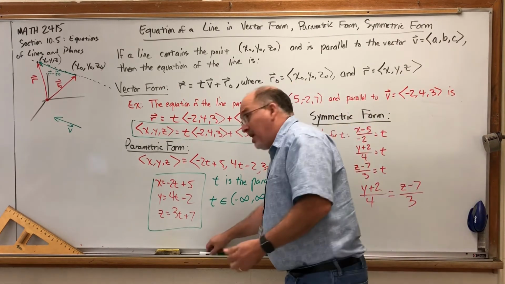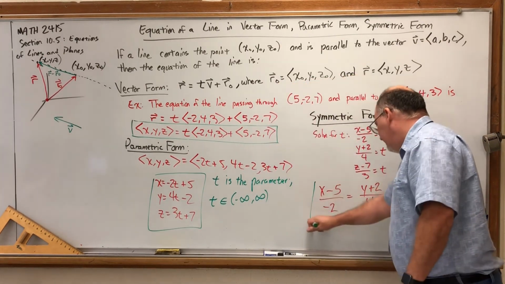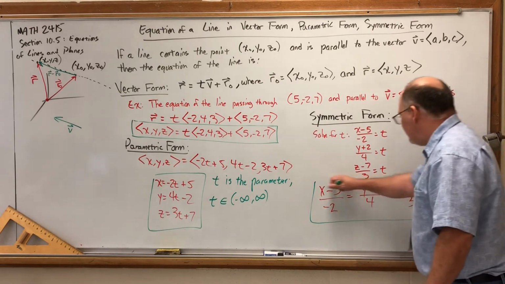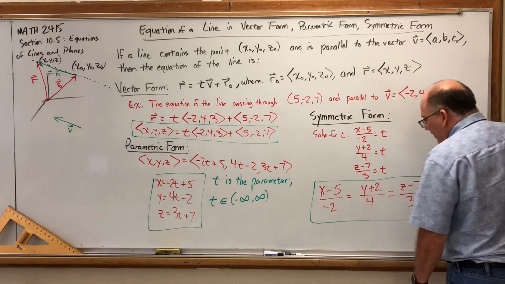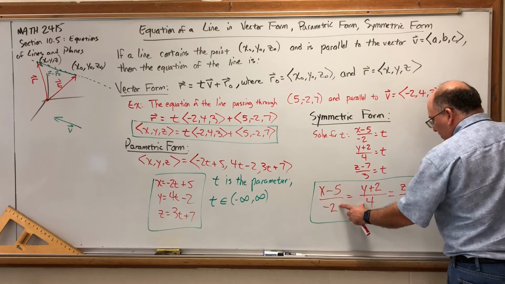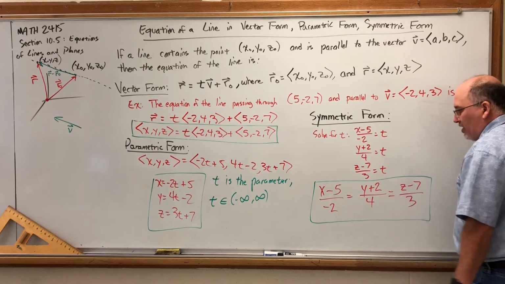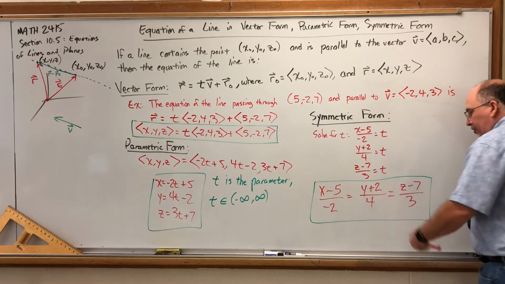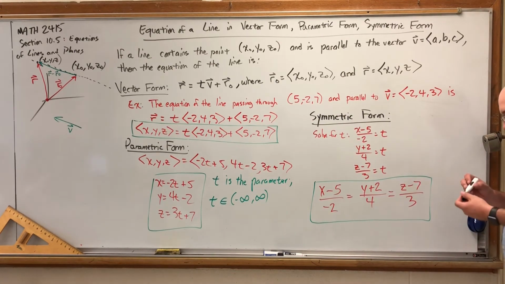This compound equation, if you will, it's really 2 or 3 equations depending upon your perspective. 2 equations are the first 2 are equal and the last 2 are equal, but the third equation that's implied is that the first and the third are equal. But this is called symmetric form.